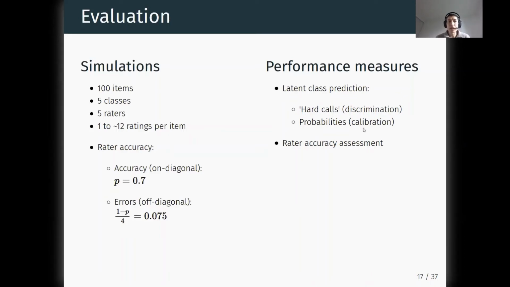We won't do that in this talk, but I wanted to highlight that it's possible. We could also look at how well we infer the accuracy of each rater, in other words the estimates of those accuracy matrices. Again, we're not going to tackle that here, but it's of interest. So for the analysis in this talk, we'll only look at prediction of the latent class through hard calls.